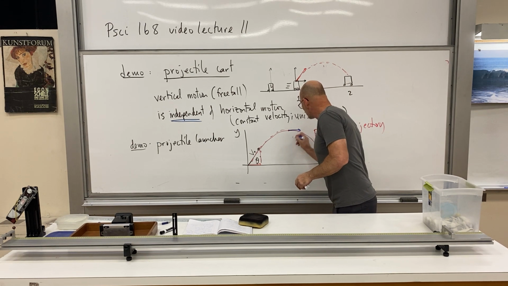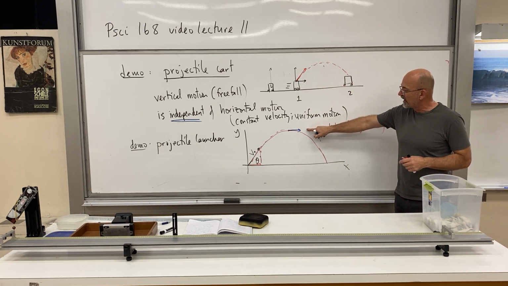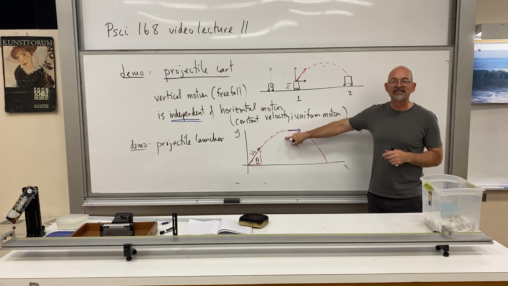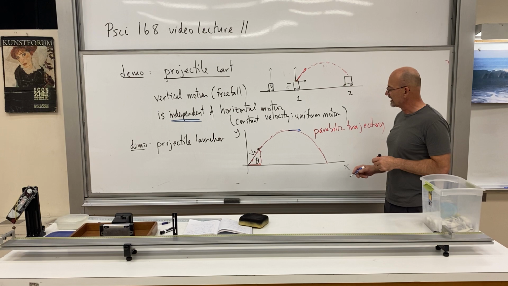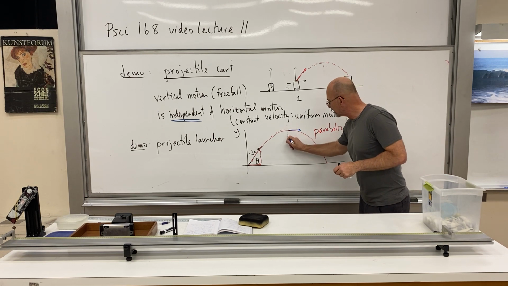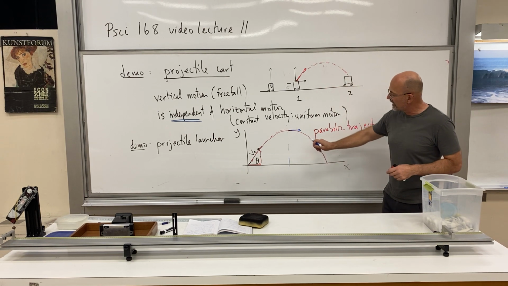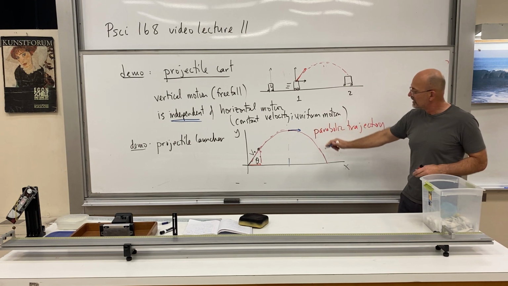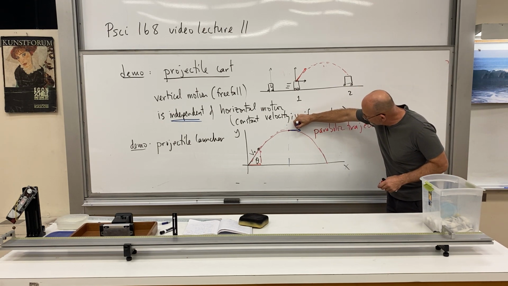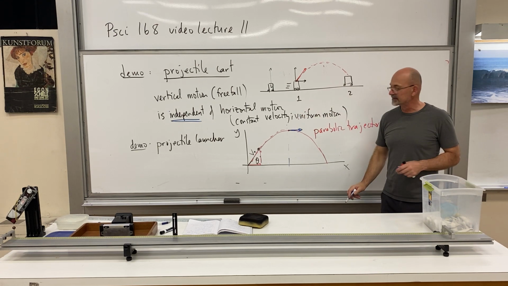Okay, so I'll put a horizontal blue arrow there. That's the velocity at the top of the trajectory. It's a horizontal trajectory. So if you were to start right here, you could say I'll be up on this hill here and I'll do a horizontal throw, and then I'll get the second half of this trajectory.